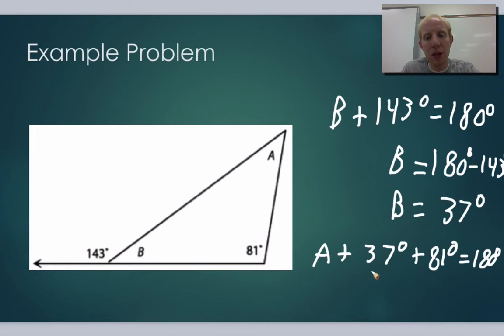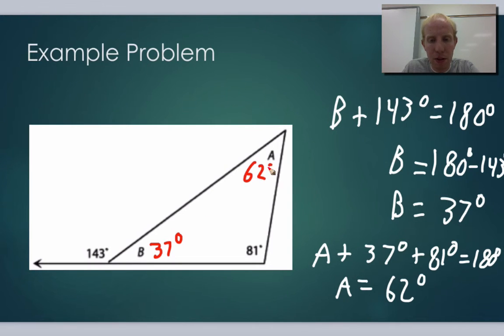Now we just minus those two over, and we'll put that in our calculator. So 180 minus 37 minus 81 will give us that A is 62 degrees. And there we go. So now we know A and we know B. If we were drawing our picture, we would say B is 37 degrees and A is 62 degrees.